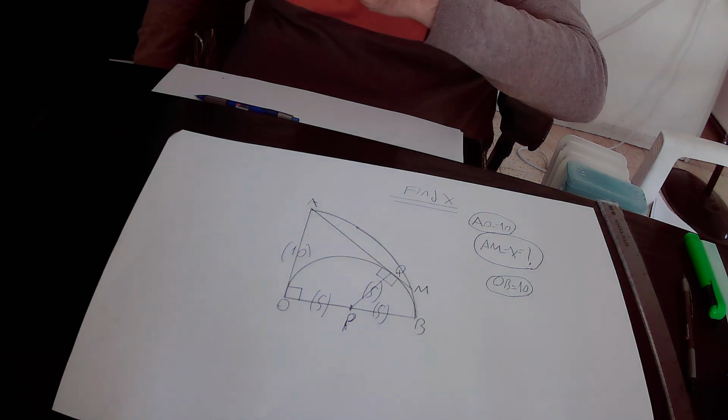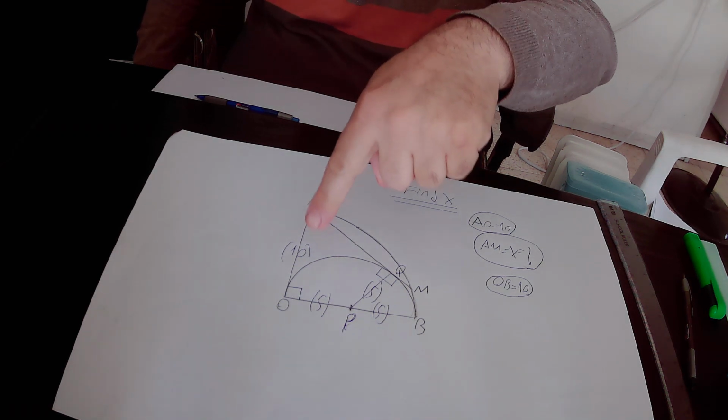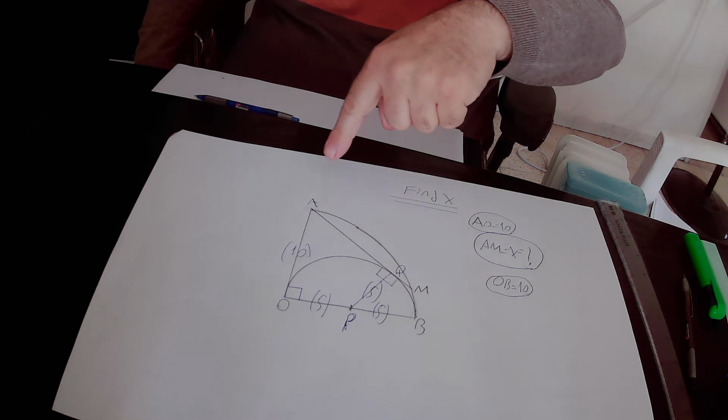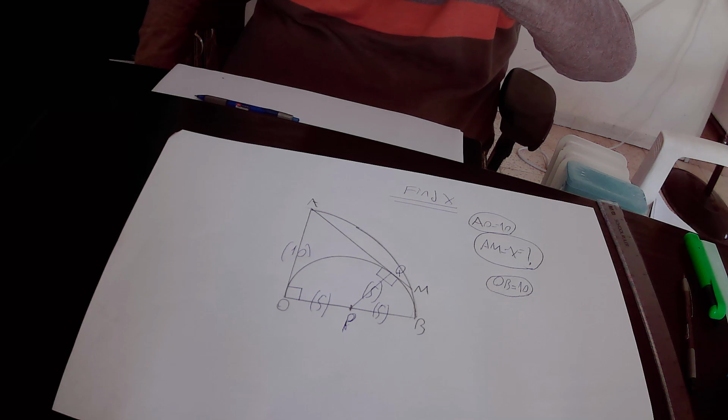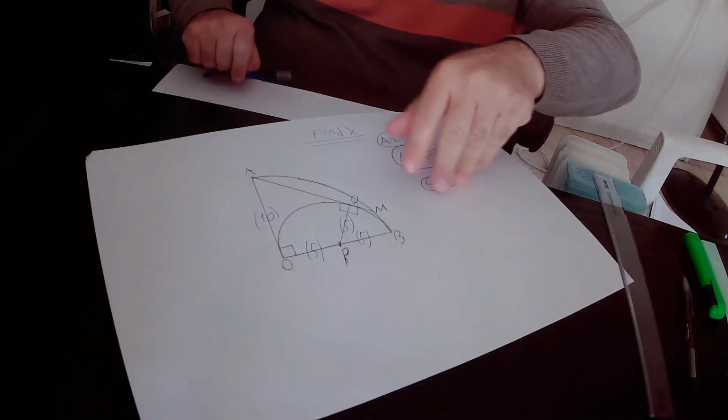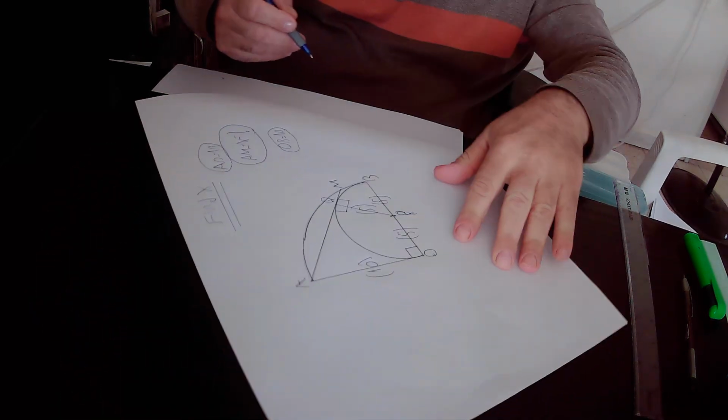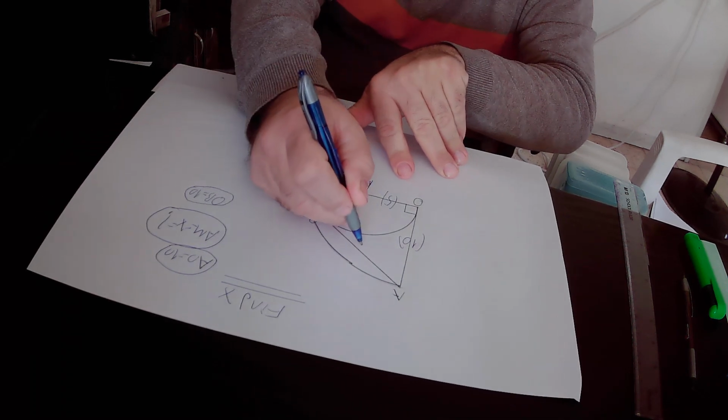And according to rule number 2, they are equal to each other. That is to say, AO equals AQ. But AO equals 10, therefore AQ must also be equal to 10 because they are equal to each other. So AQ equals 10 units in its length.